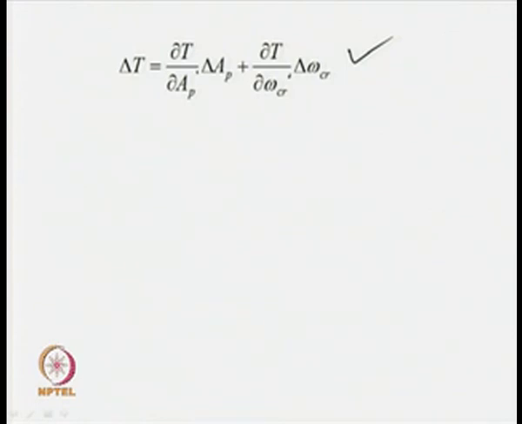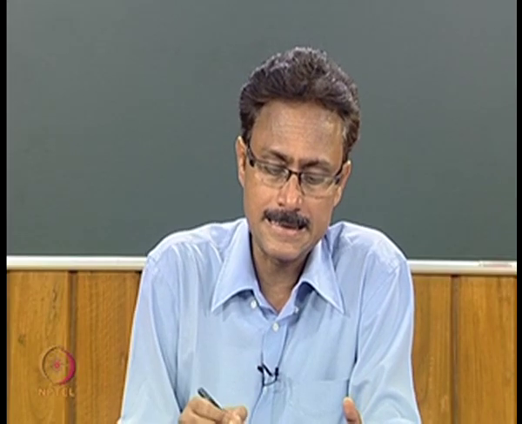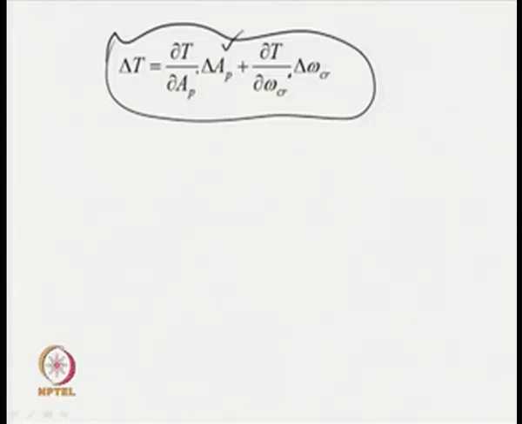So, this is one very simple expression which is often found in many textbooks. Now, using that I will be able to find the change in T due to the changes in the measured quantities peak amplitude and the critical frequency.